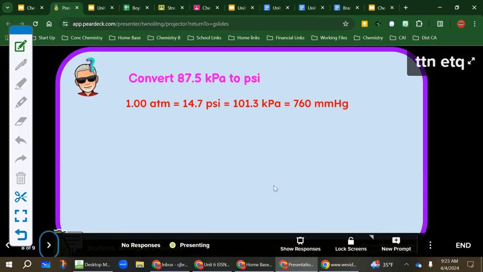Okay. Last one. Here we go. Convert 87.5 kPa to PSI, ladies and gentlemen.